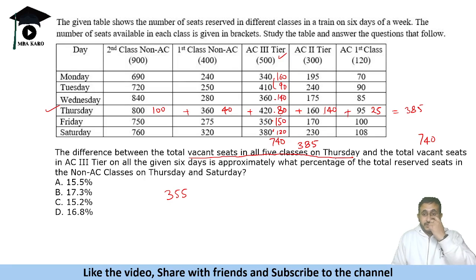Okay, the next question: is approximately what percent of the total reserved seats in the non-AC classes on Thursday and Saturday. So this should be the total 1560, because non-AC classes are these ones.